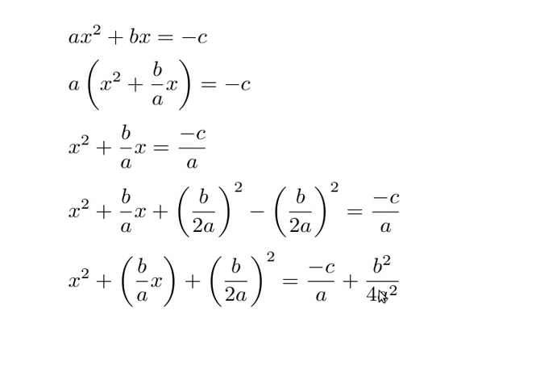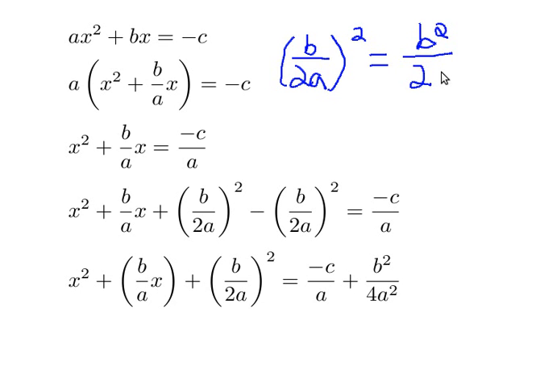Okay, so I skipped a few steps at once, so I'm going to go through it up here. I added b over 2a squared to both sides, but b over 2a quantity squared is equal to b squared over 2a squared.